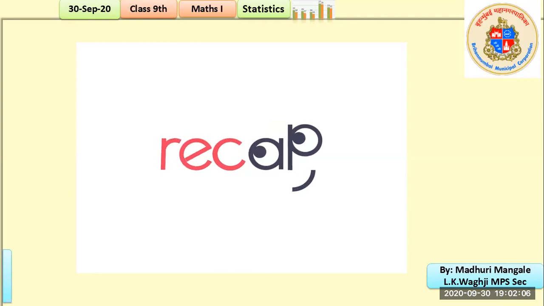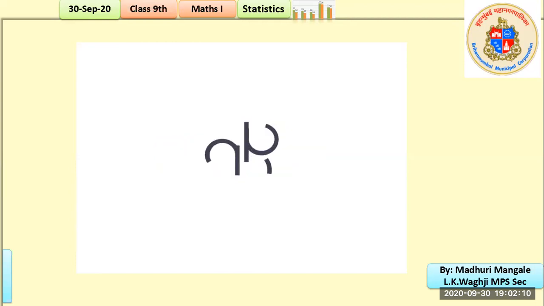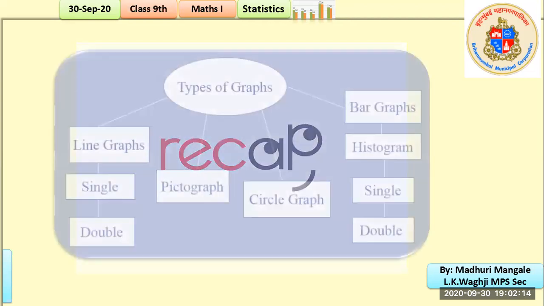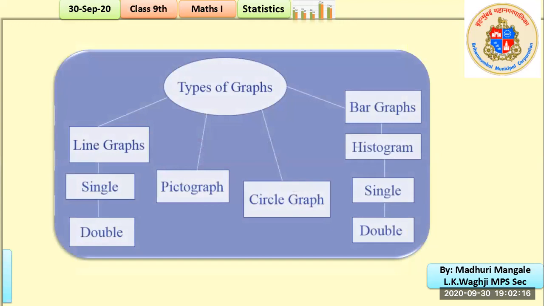We have observed various graphs from newspapers, magazines, television, etc. And we have gathered information from them. So it is very important to decide according to the nature of the data what diagram or graph would be suitable to represent it. So as you can see, we have looked at these type of graphs in previous classes.